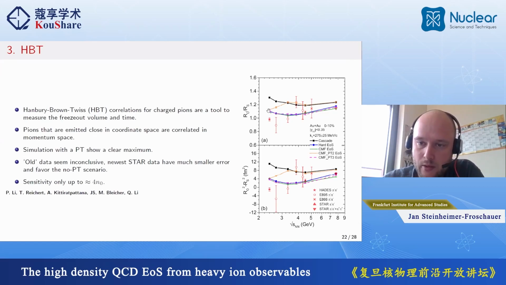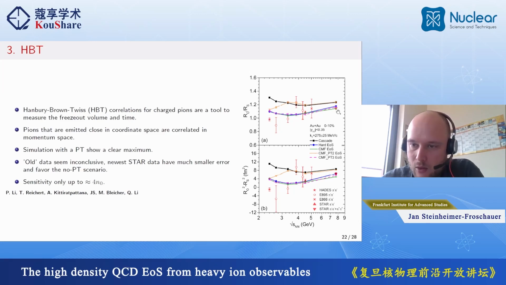These are the lines where we do not reach the phase transition. We have the cascade model up here, which has a very different behavior. The cascade model you can basically consider as a very soft equation of state. And if you have a phase transition, you go from here, which is stiff at low energies, to something very soft, and then it becomes stiffer again. So we saw this very clear dynamics here.